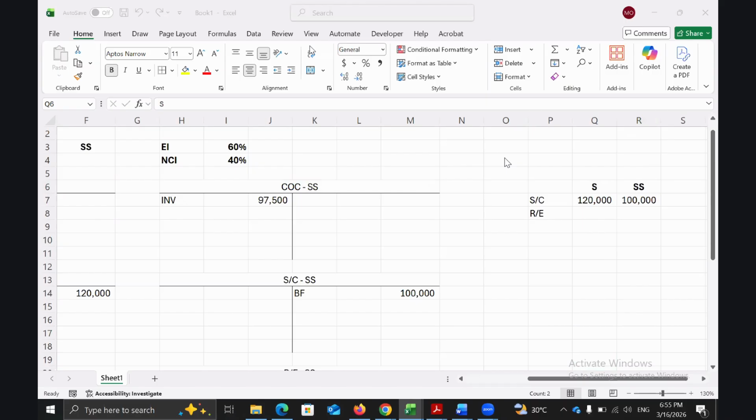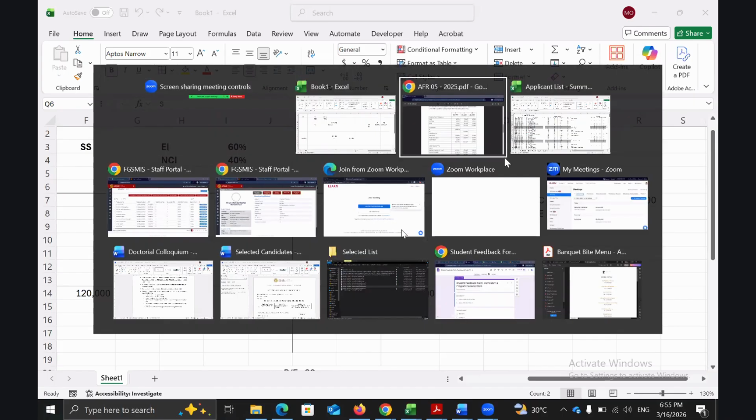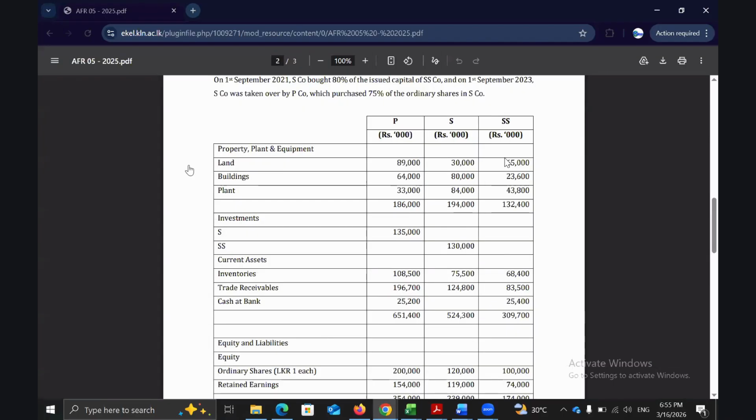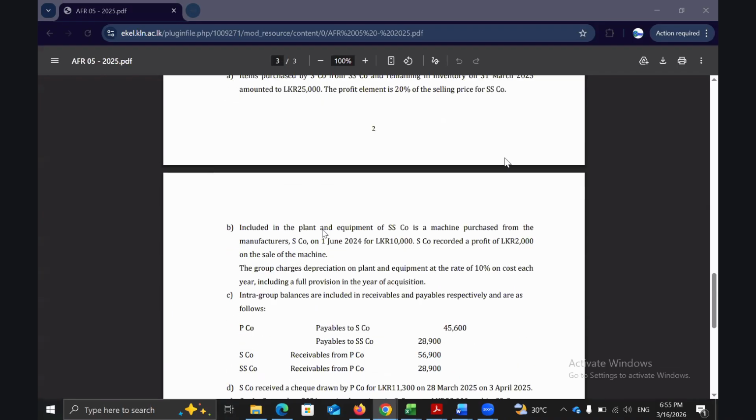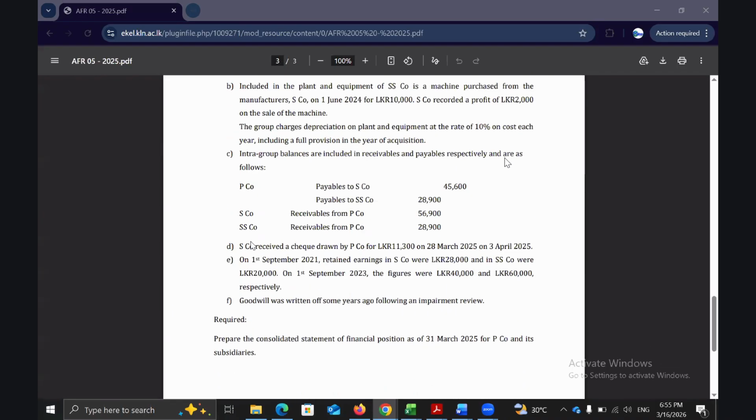Okay, good. How about the others? Now, as we identified the cutoff date as of 1st September 2023, we have been given this information.